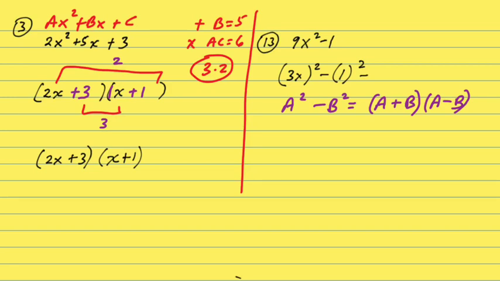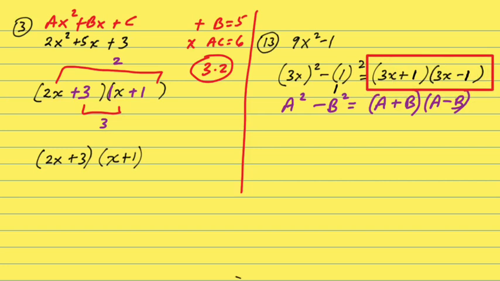So what's a? 3x. What's b here? Just a 1. So you should have 3x plus 1 times the quantity 3x minus 1. So that's number 3 and number 13.